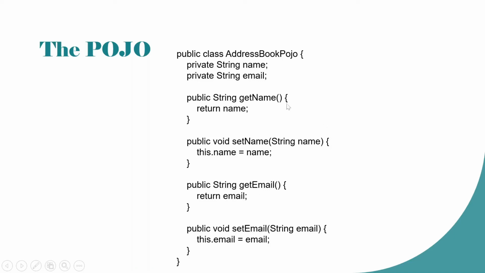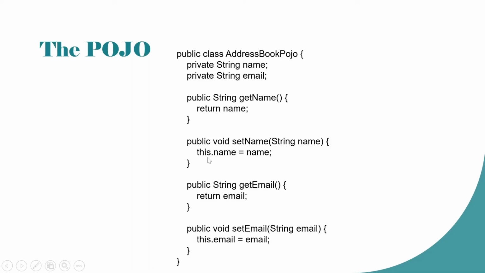Now, here's the problem. If I pass it a name and I want to set the name, I can't go here and say name equals name. That won't work. So Java gives us a special reserved word, this. And if I say this dot, with this I can access all the methods and all the variables.